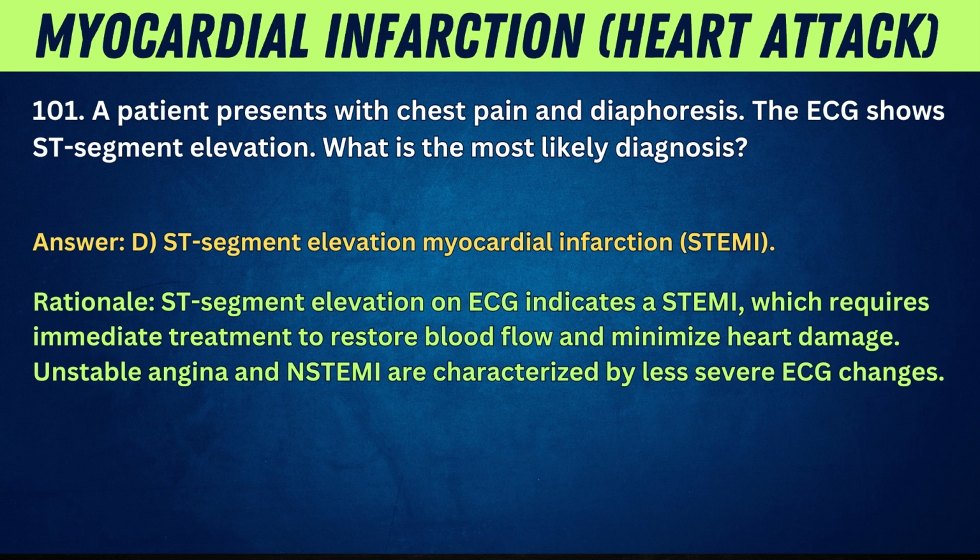Answer: D. ST segment elevation myocardial infarction, STEMI. Rationale: ST segment elevation on ECG indicates a STEMI, which requires immediate treatment to restore blood flow and minimize heart damage. Unstable angina and NSTEMI are characterized by less severe ECG changes.